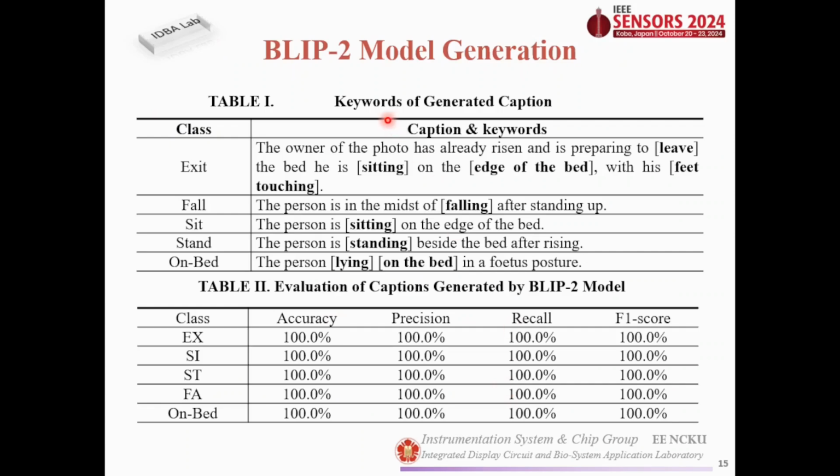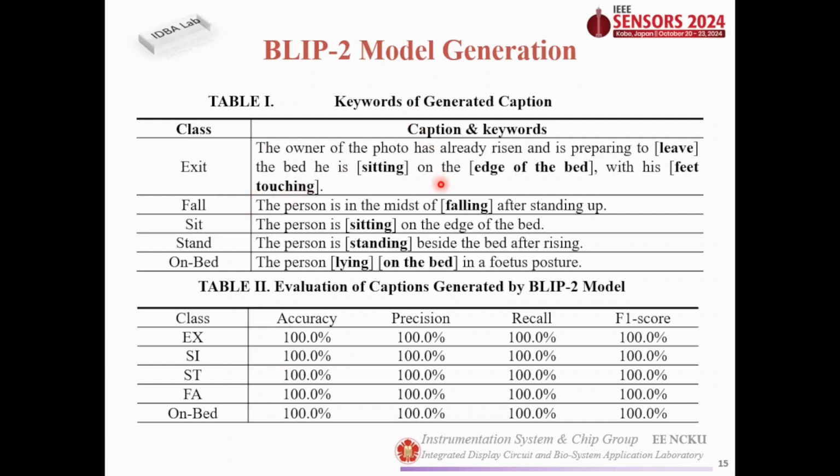To evaluate the model's ability to generate captions describing human posture, all thermal images from the original dataset are fed into the BLIP-2 model. The postures are categorized into dangerous posture, easy to fall, and other safe postures. The output caption is regarded as correct if it contains the keywords corresponding to the category of the input thermal image.